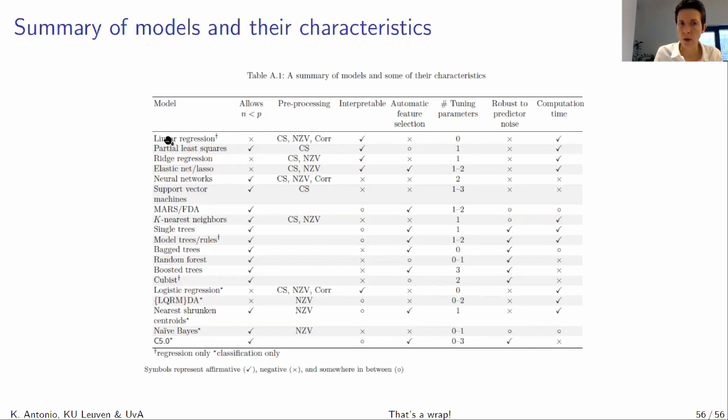We see, for instance, with linear regression, 0 tuning parameters, because there the parameters can analytically be estimated. We have an analytic expression for our estimators. If we look at k nearest neighbors, we have one tuning parameter. After today's class, you understand where this one is coming from. If we look at more complex techniques like random forest and boosted trees, you will also see that there might be a bit of discussion about the number of tuning parameters here.